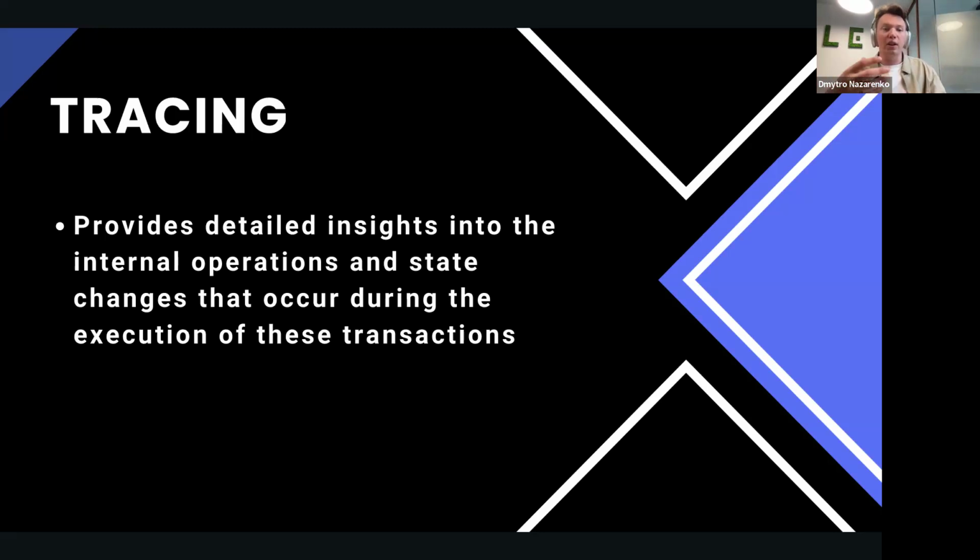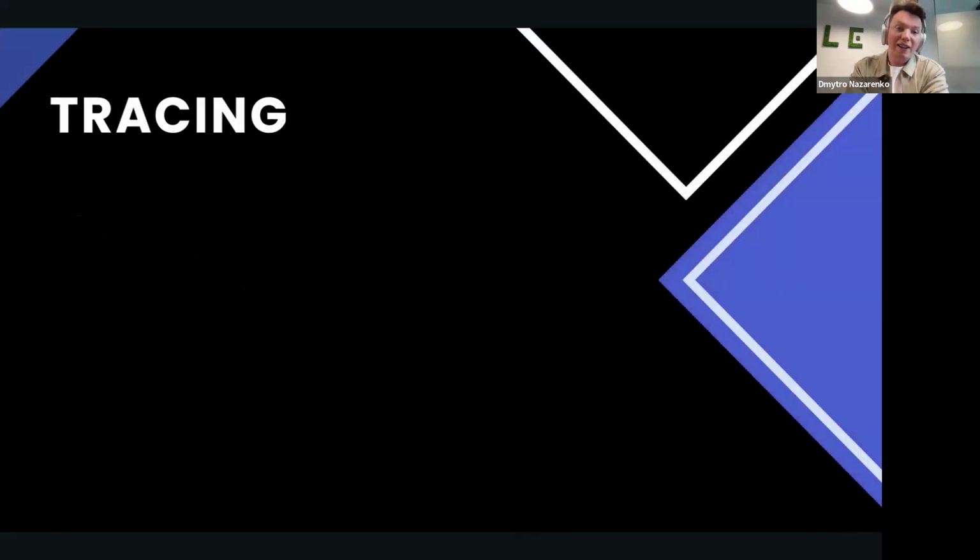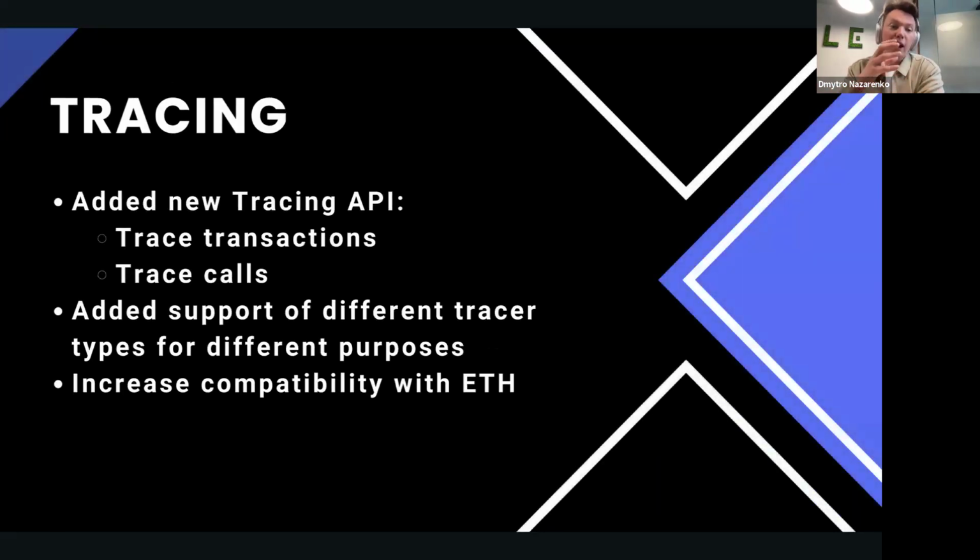So what was added? Let's see. First of all, we added the new tracing API into the archive node. It allows us to trace transactions, trace calls, trace blocks with all this information. Also, we added support of different tracer types for different purposes.